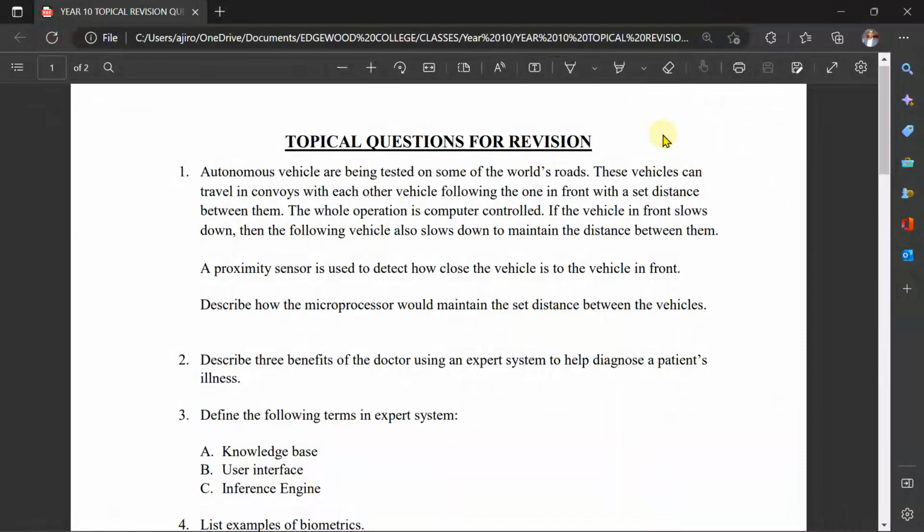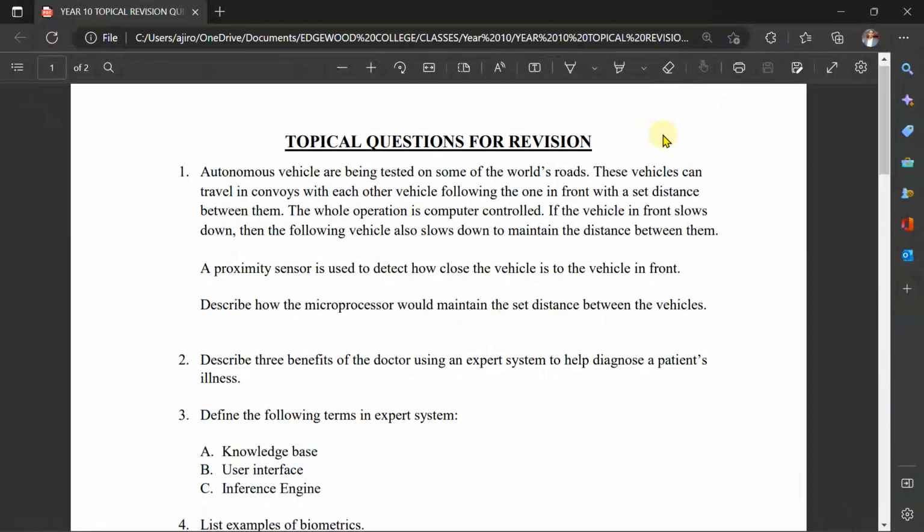The data from the proximity sensor is compared to the preset value that has been assigned. I want it to be 2 centimeters, I want it to be 3 centimeters, or whatever it is. The preset value is set to show the minimum distance from the vehicle in front.